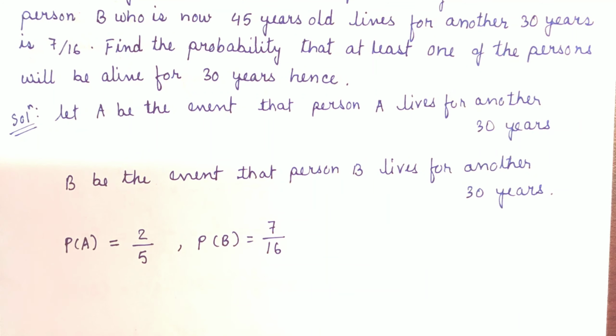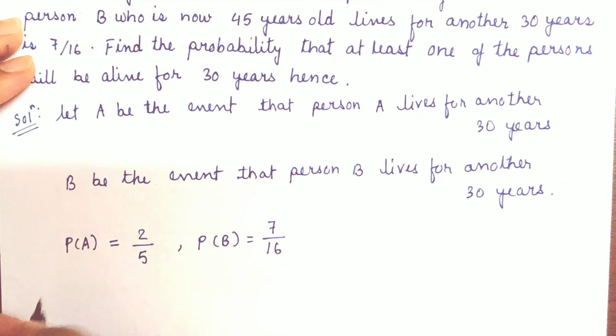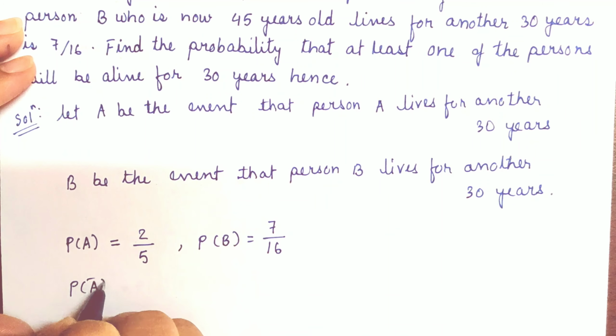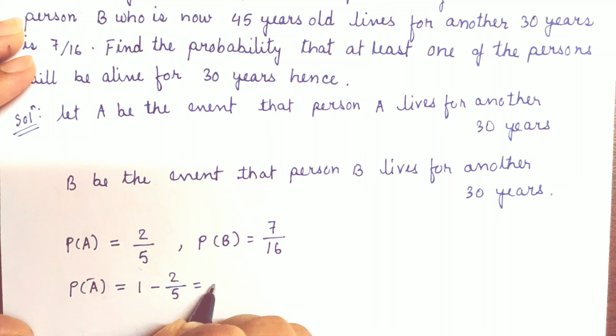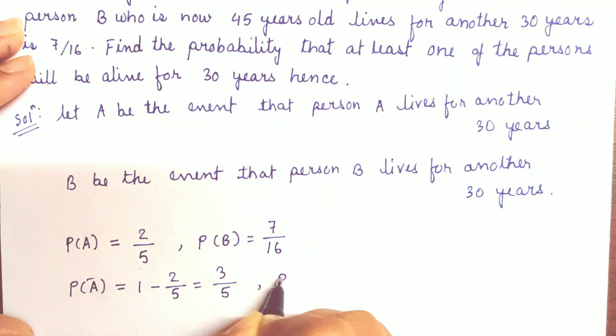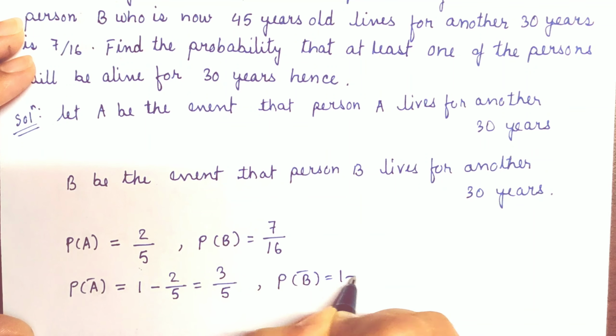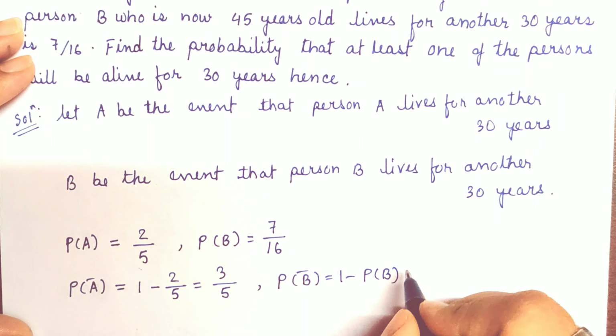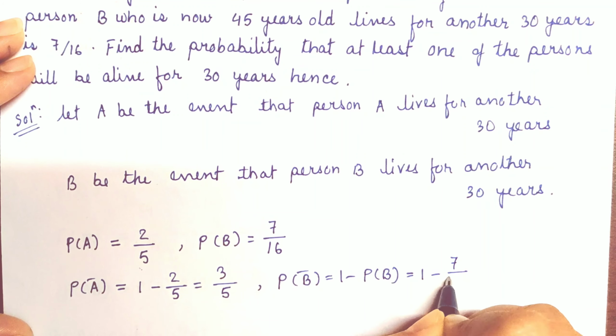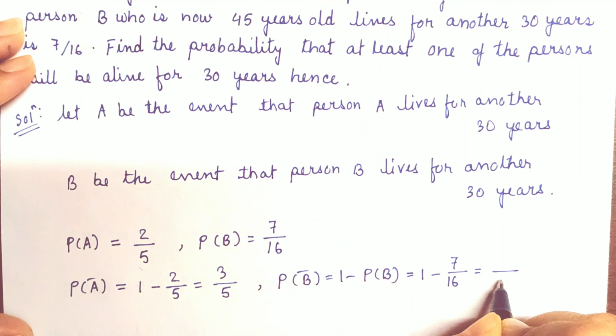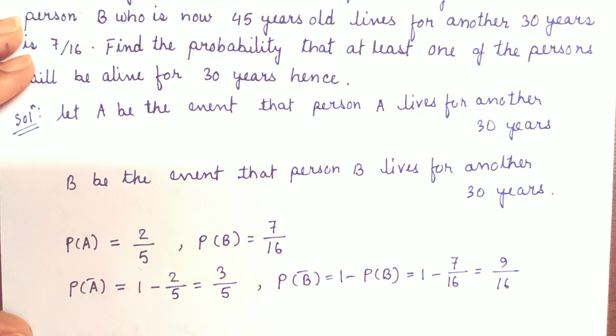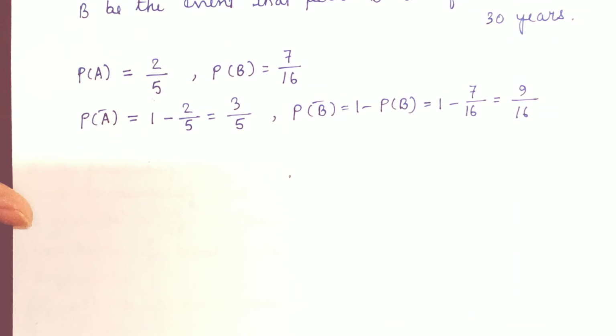When the term at least is present, then you have to find out the probability of non-occurrence. PA bar is 1 minus 2 by 5 equal to 3 by 5. PB bar is equal to 1 minus PB, 1 minus 7 divided by 16, which is 9 divided by 16.